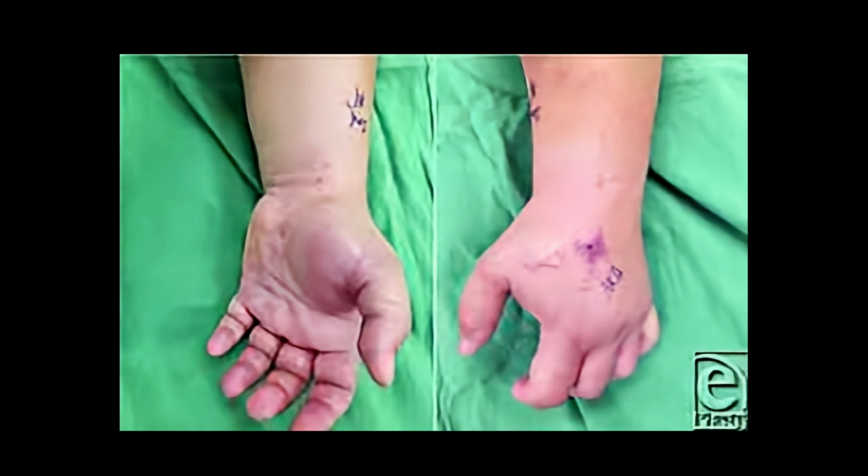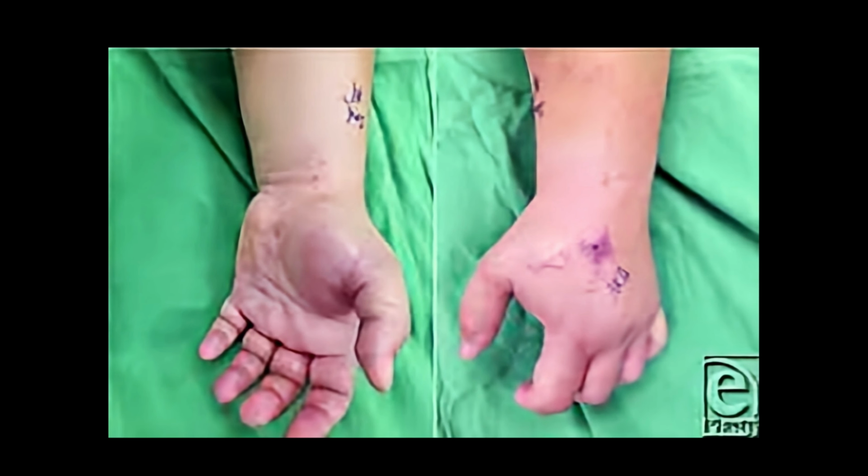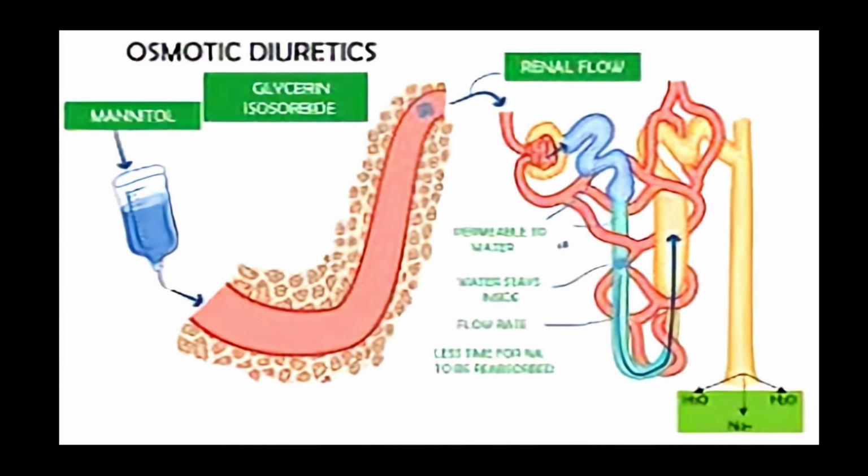Now, this can occur if the IV is not properly in the vein and the fluid leaks out into the surrounding tissue. It is very painful, and in extreme cases, patients may experience compartment syndrome, peripheral nerve injury, skin burns, even amputation.